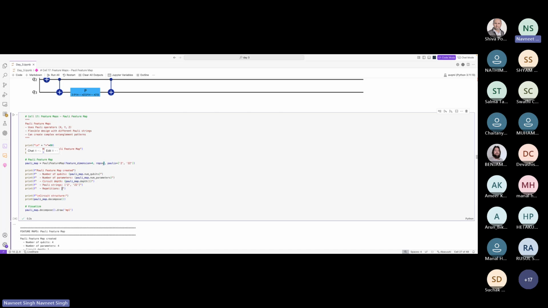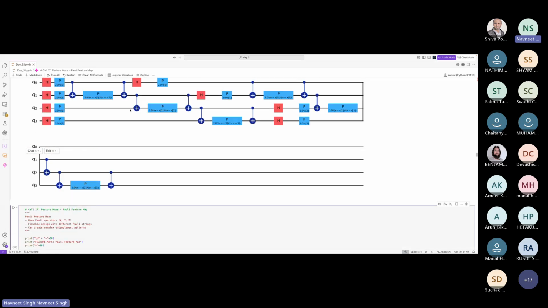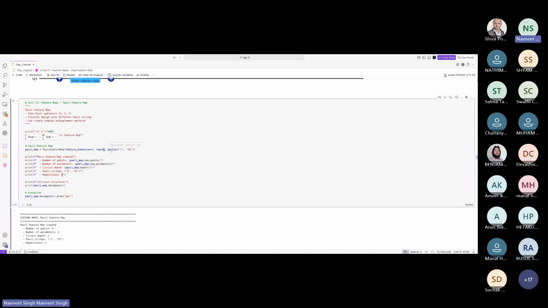expressivity of your data, but your cost will increase with the increase of repetition, or I can say depth. When I say repetition, that means it is repeating the same thing again and again in multiple ways. So it is like this.